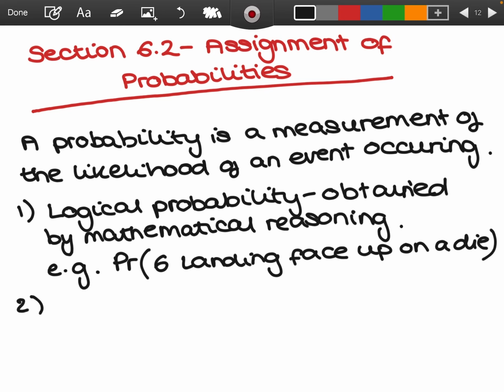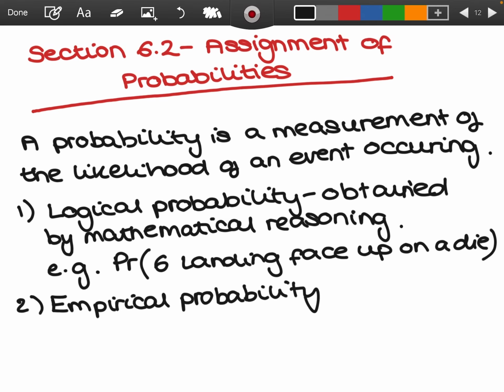The next type of probability that you can come across is called an empirical probability. Empirical probability just means that you are finding the probability by observation of an experiment.